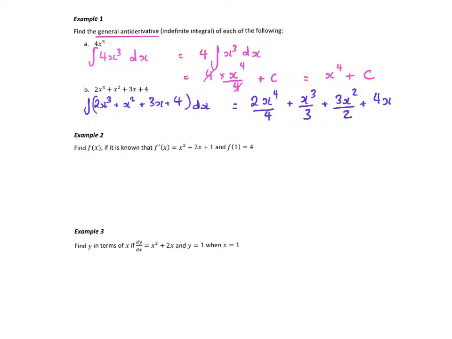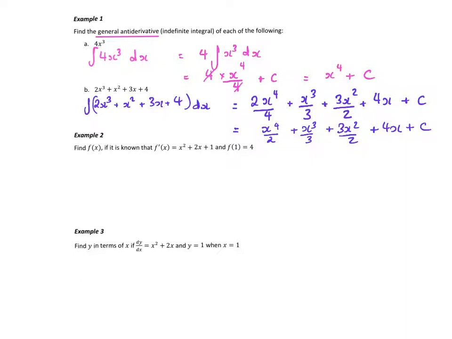Remember, a constant, you add on the x and then don't forget about that, plus c. Let's tidy that up. 2 and 4 cancel down, and so you've got x to the power of 4 on 2 plus x cubed on 3 plus 3x squared on 2 plus 4x plus c. Now you could get a common denominator there for the whole lot, but that is a general antiderivative in that format.